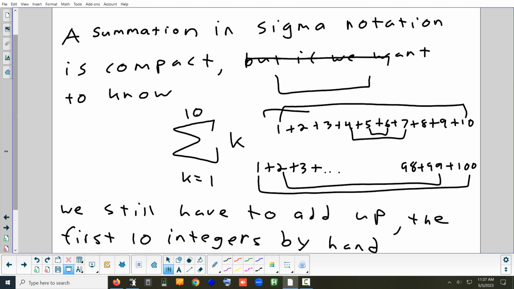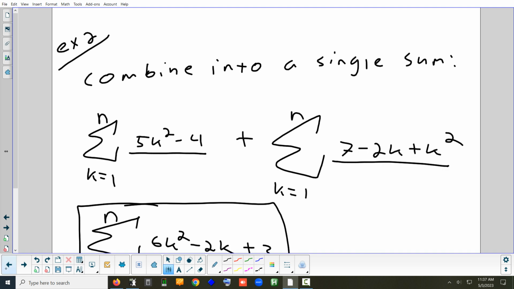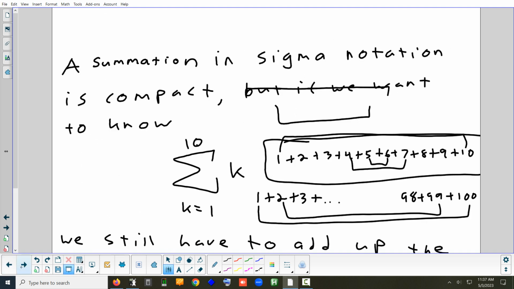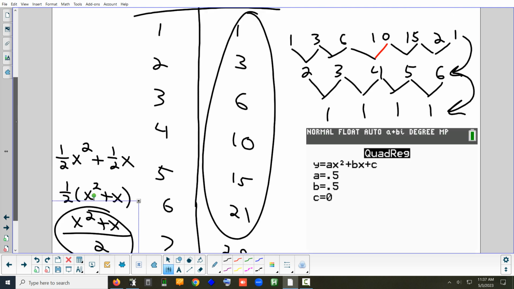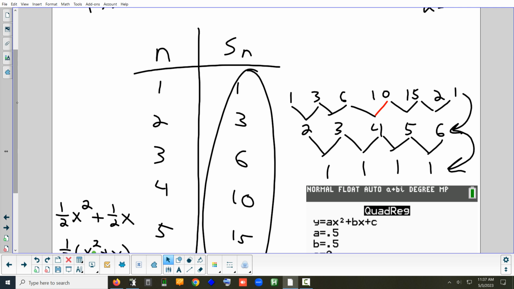What did we say this added up to? 55. This adds up to 55 using that clever trick. Let's try plugging 10 into the formula. What is 10 squared? 100. Plus 10? And what's 110 divided by 2? 55. There's your 55. So this is the formula that predicts adding up integers.